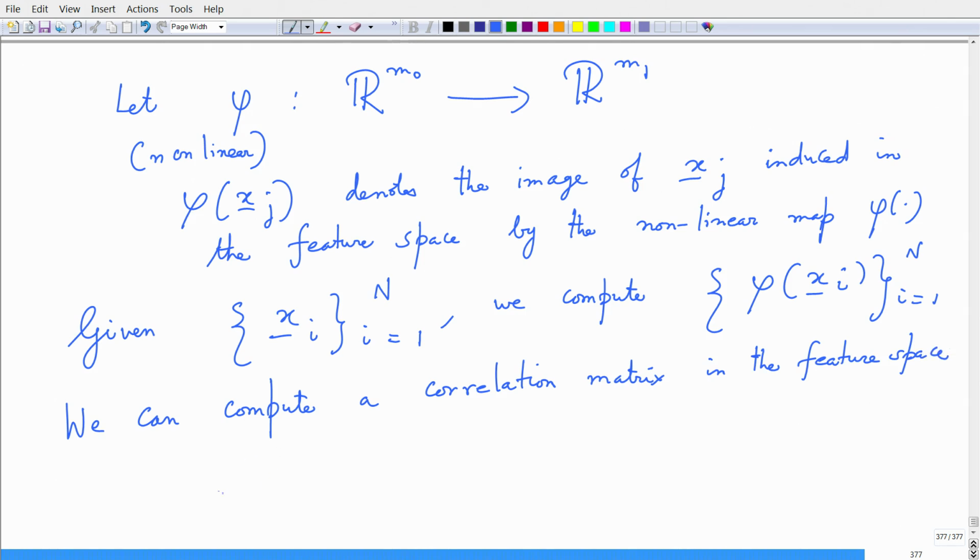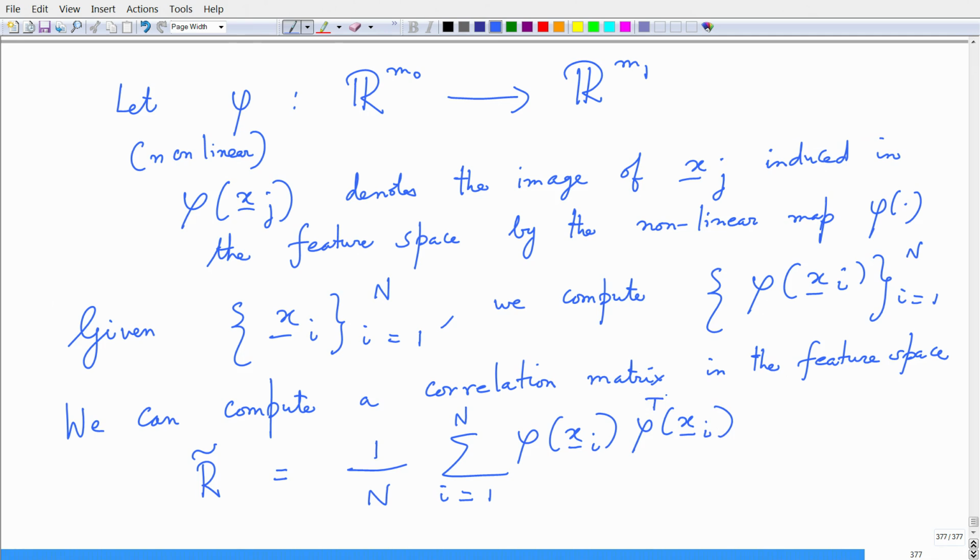And this can be done as R tilde equals 1 upon N summation i equals 1 to capital N phi of xi times phi of xi transposed.